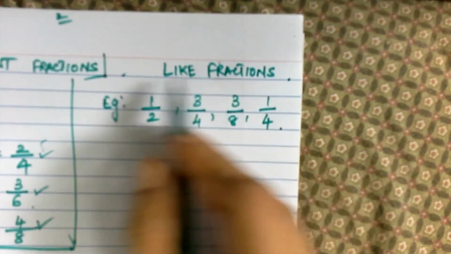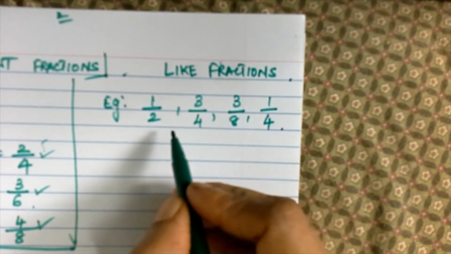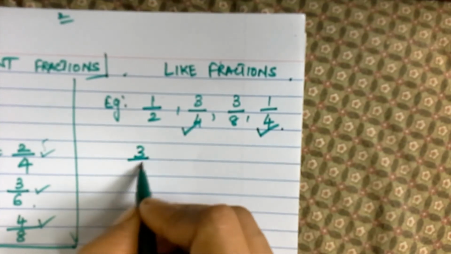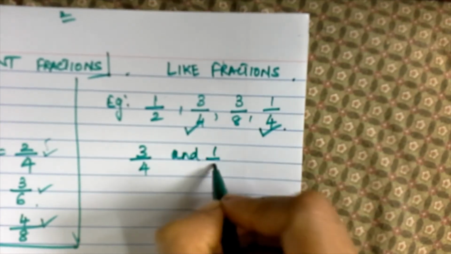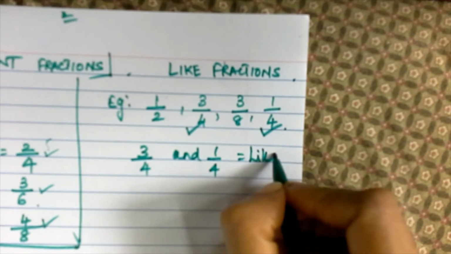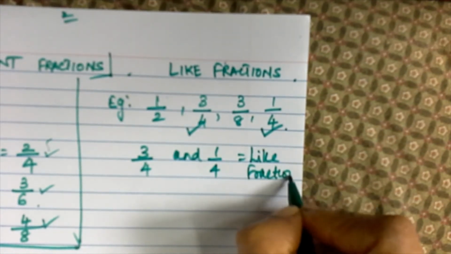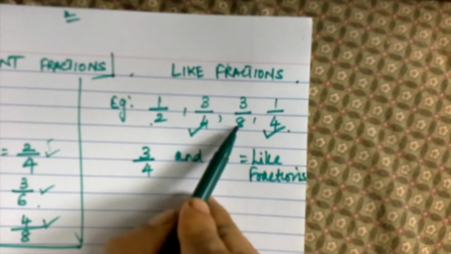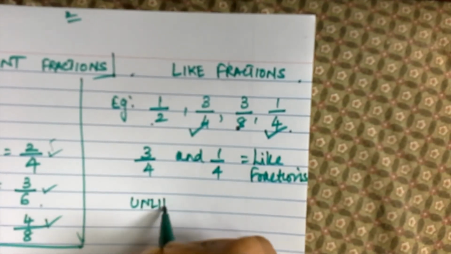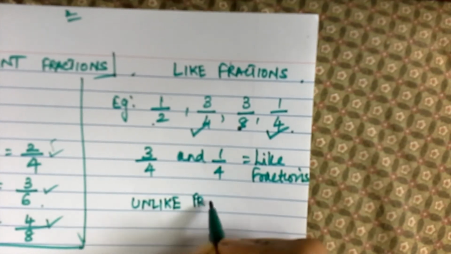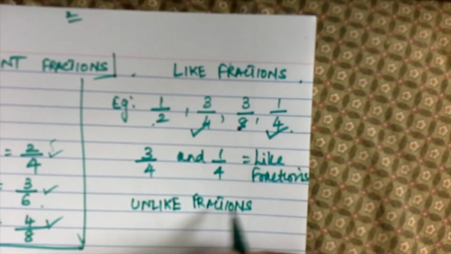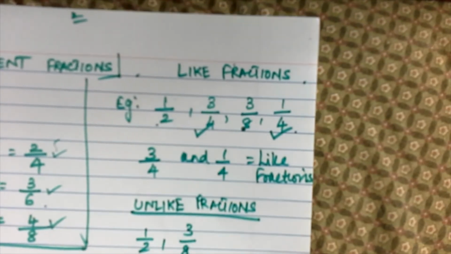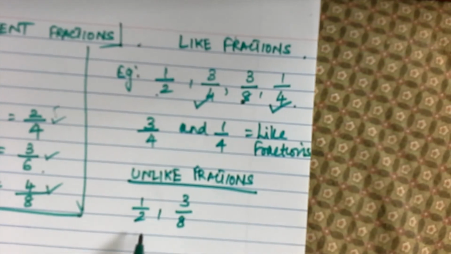So given a set of fractions, what are like fractions? Like fractions are those whose denominators are the same. In this given example, 3 by 4 and 1 by 4 are like fractions, because they share the same denominator. 1 by 2 and 3 by 8 are unlike fractions because the denominators are not the same.